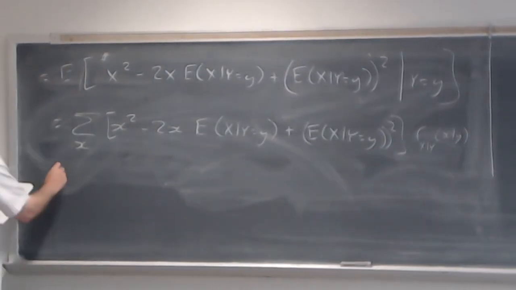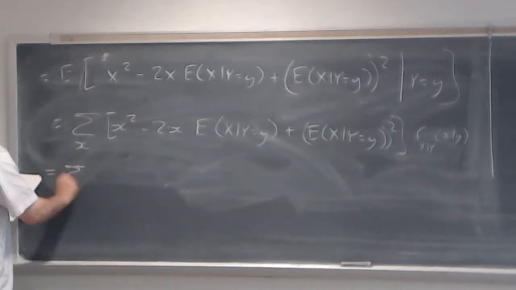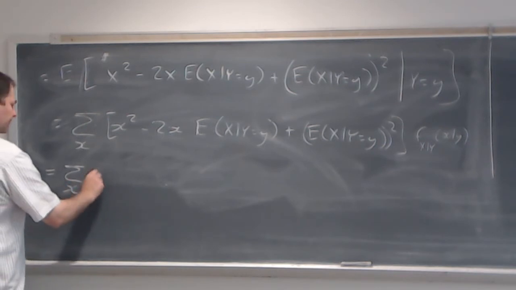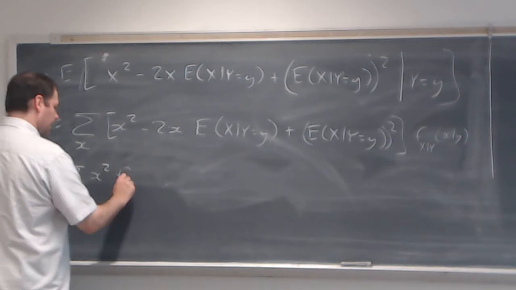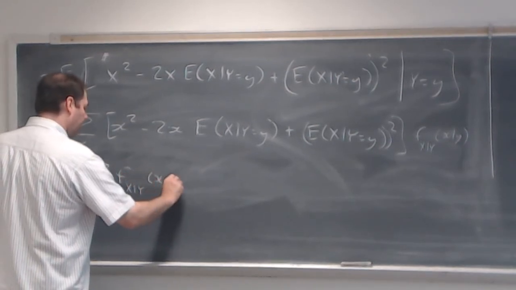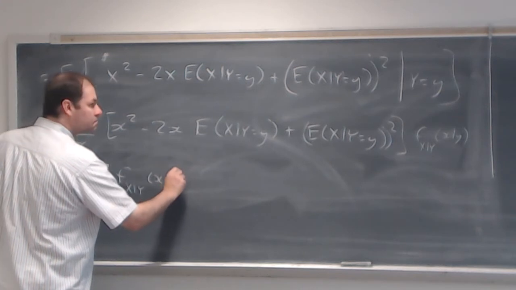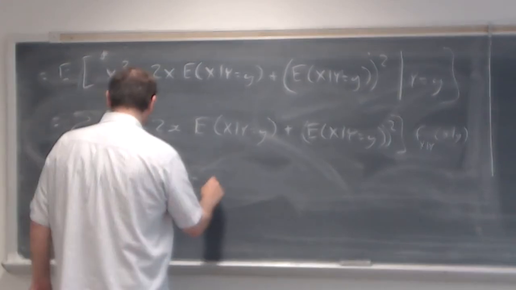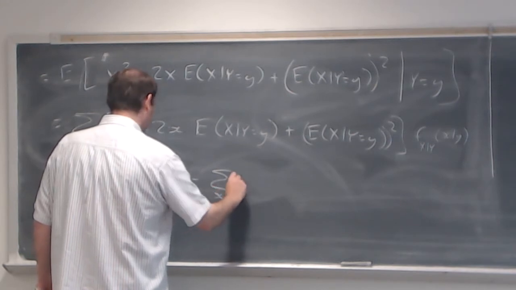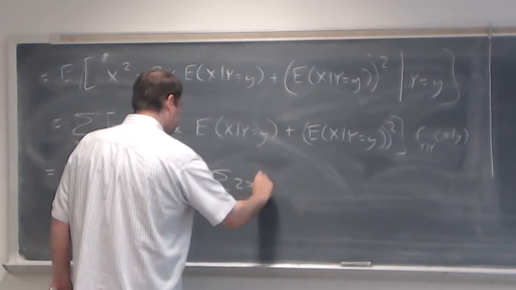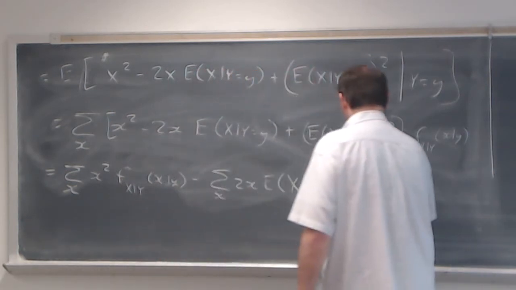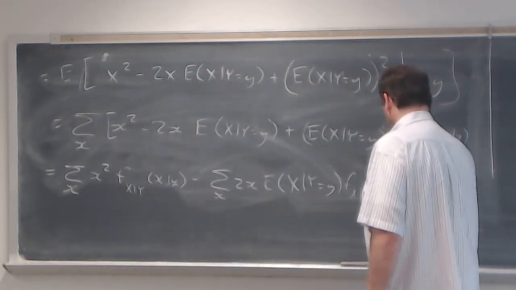That's what we have. Okay, that's equal to the sum, so we break this up into many sums, over the x's of x squared times the conditional PMF of x given y, minus, so here's a sum over the x's of 2x times the expected value of x given y equal to y, times this conditional PMF.